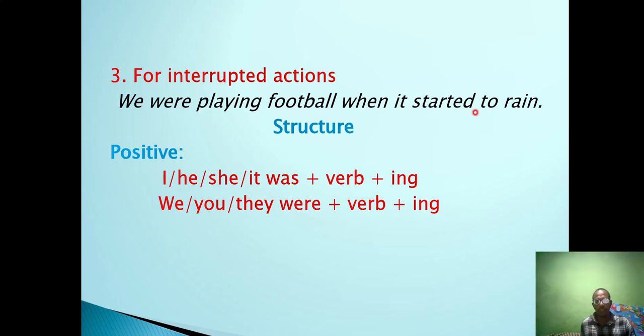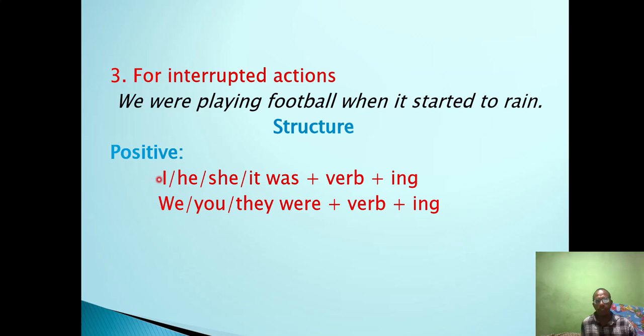So when one activity is interrupted by another thing, it is possible to express it using past continuous tense in the past.